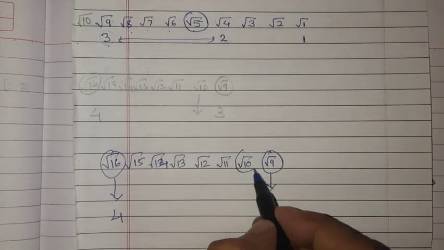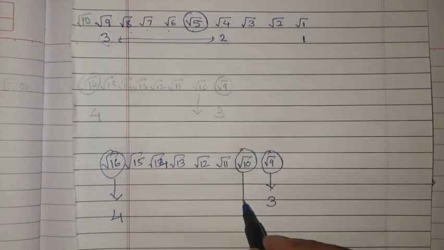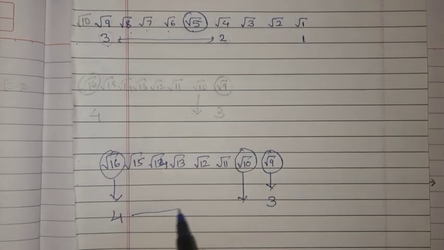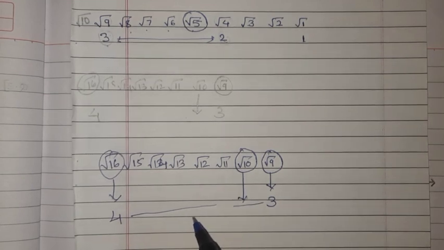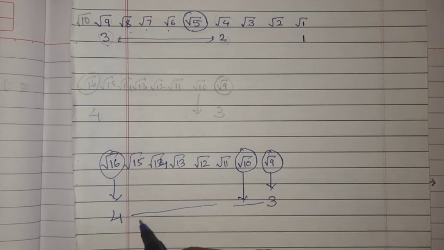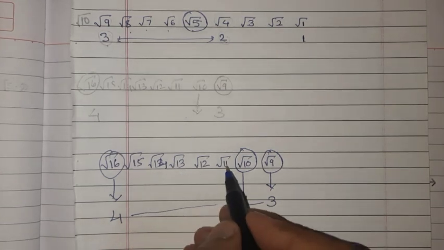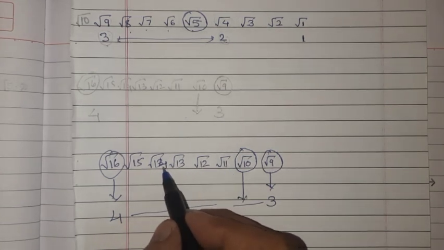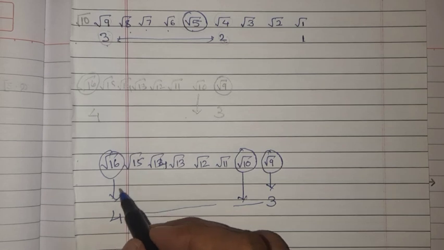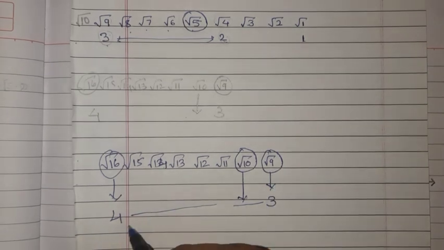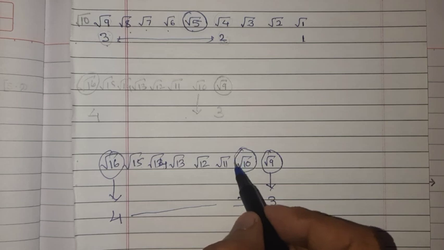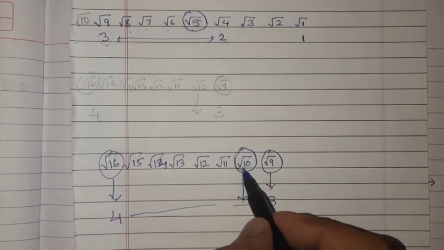And this is our point, we have to represent root 10. Therefore root 10 lies between 3 and 4. Root 10 lies between 3 and 4. Therefore root 11, root 12, root 13, root 14, root 15 also lie in between 3 and 4. Therefore our point is root 10.